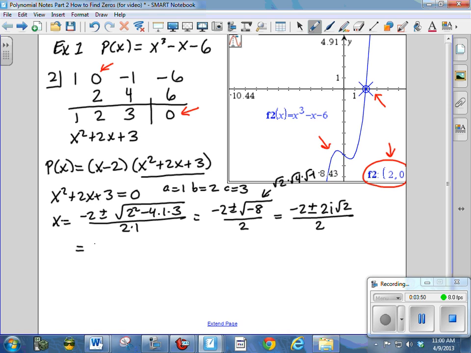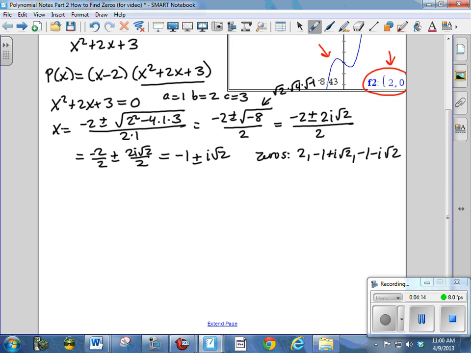So that's negative 2 over 2 plus or minus 2i, the square root of 2 over 2, which would reduce to negative 1 plus or minus i, the square root of 2. So those are my other two zeros. So my three zeros are 2, negative 1 plus i, the square root of 2, negative 1 minus i, the square root of 2.